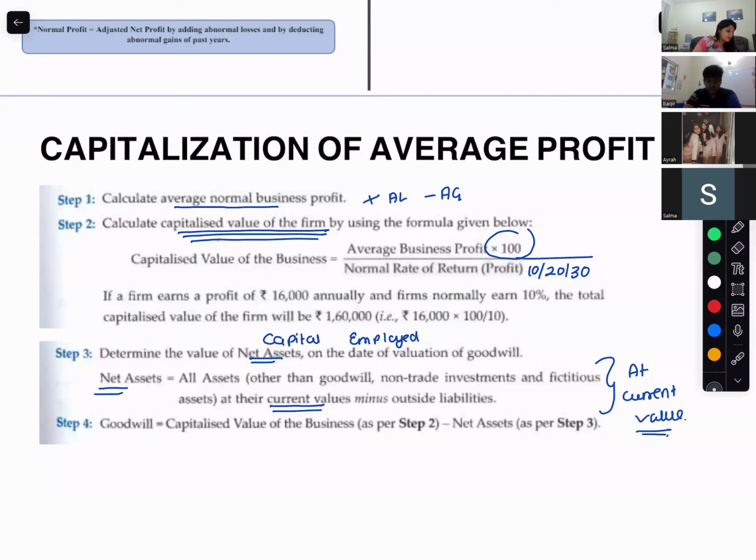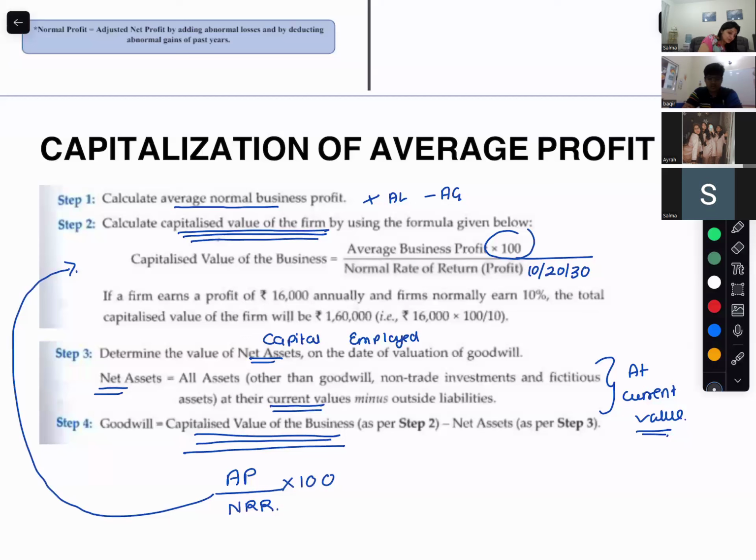Then you will find what? Goodwill. Goodwill will be the capitalized value of the business. How do you get the capitalized value of the business? Average profit over NRR into 100. This is what you calculated in step 2.